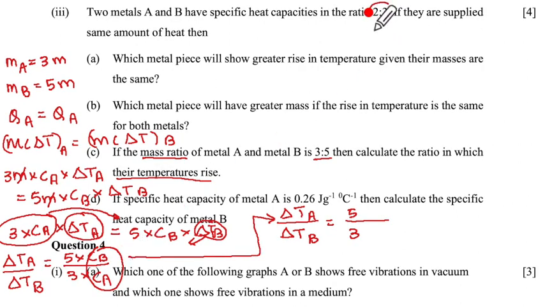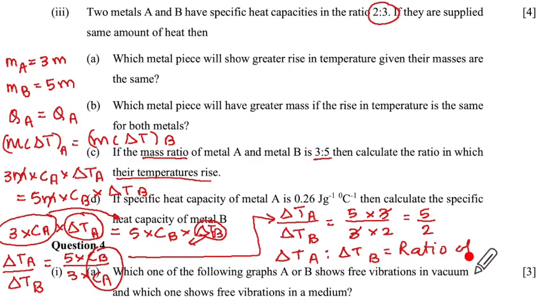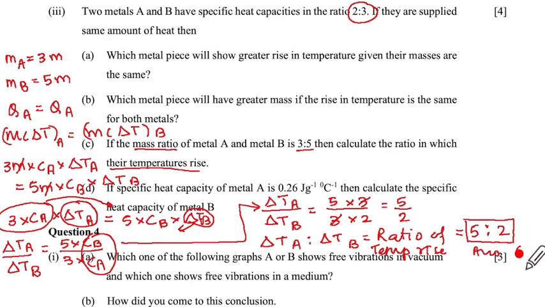Our Ca upon Cb is 2 upon 3. So Cb upon Ca will be 3 upon 2. So 3 and 3 got cancelled and we will have 5 upon 2. The ratio of the temperature rise therefore will be delta T of A is to delta T of B, which is going to be the ratio of temperature rise, and that is equal to 5:2. And this is our answer C.